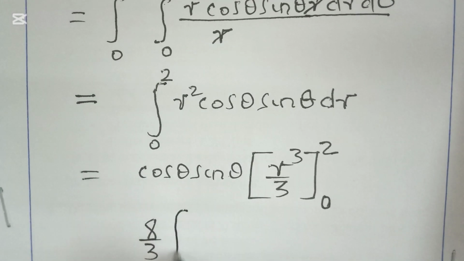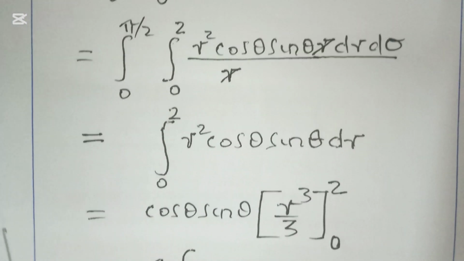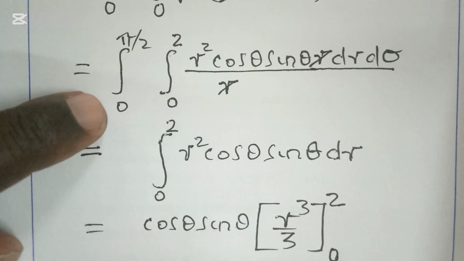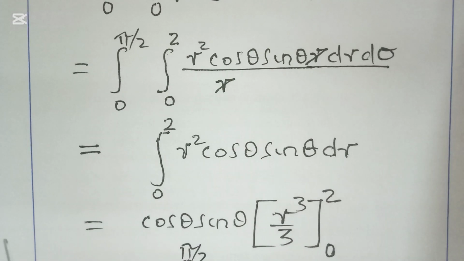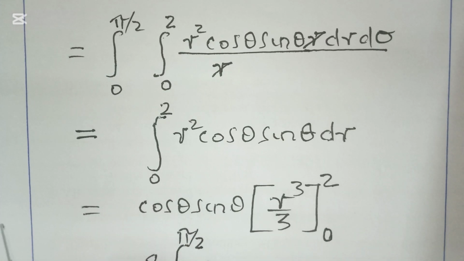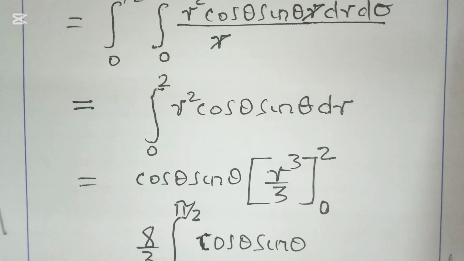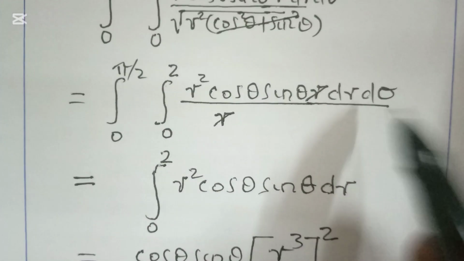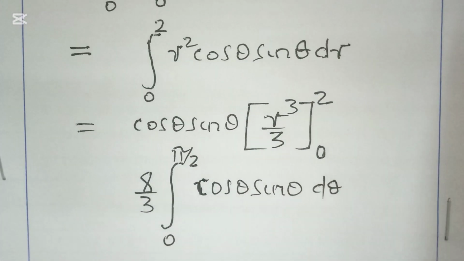Then we integrate yet again with respect to theta, from 0 to pi over 2. R cubed already we have done, so we are left with cos theta sine theta, and then here we have the d theta.